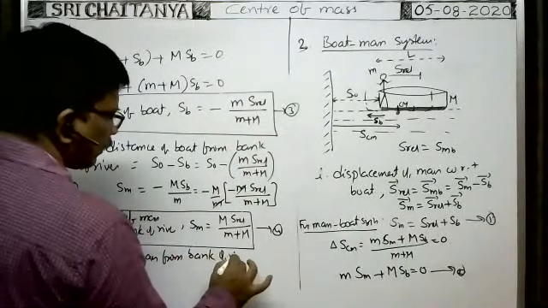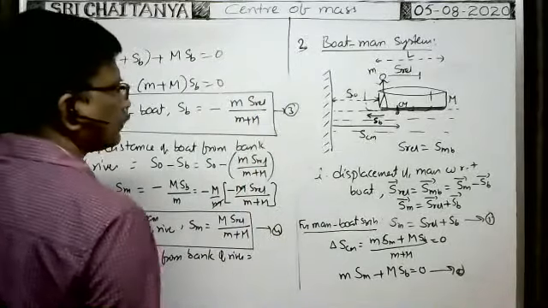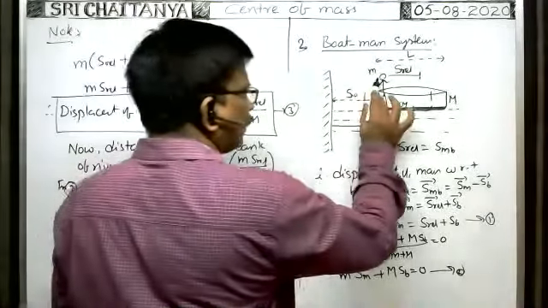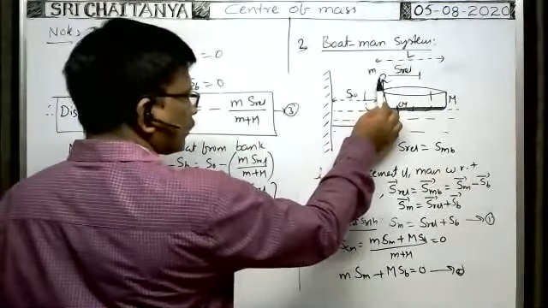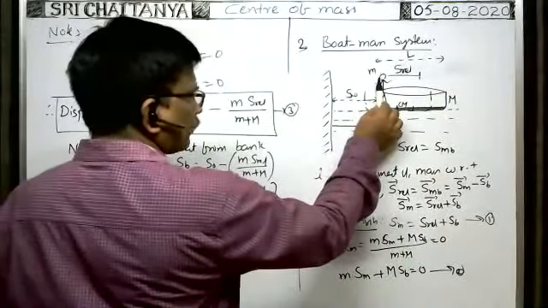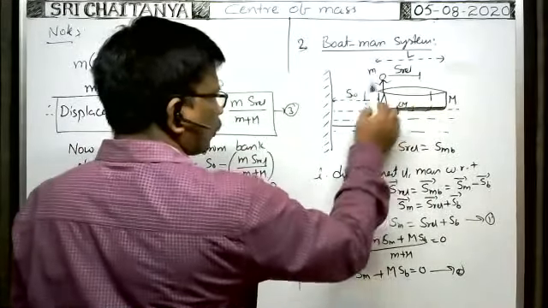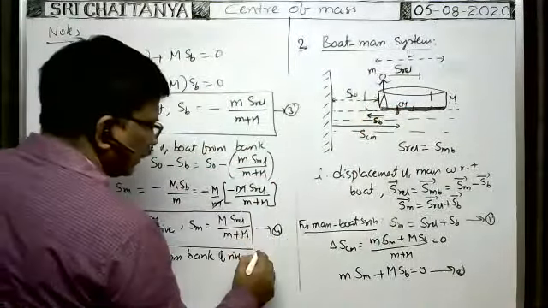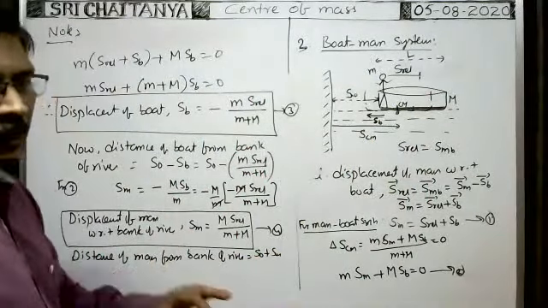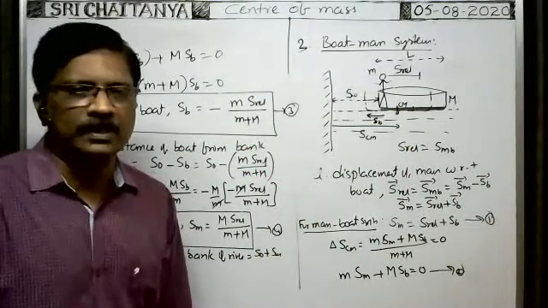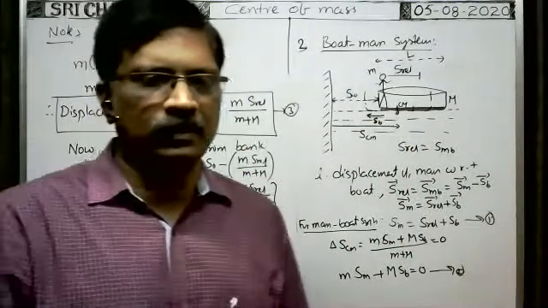The man travelled how much distance from here to here? SM. Already initially, at what distance does the man lie? At S0. He travelled a distance equal to SM. So S0 plus SM is the distance of the man from the bank of the river. Yes, very good. S0 plus SM. Vikyat, okay, you are right.